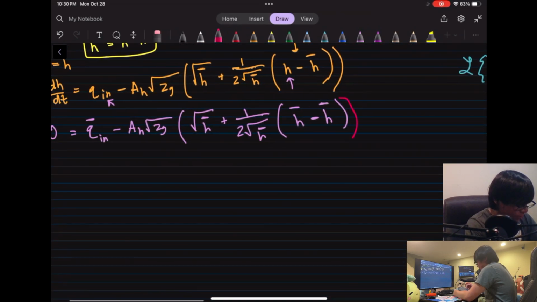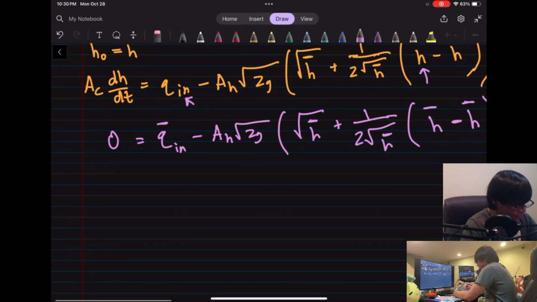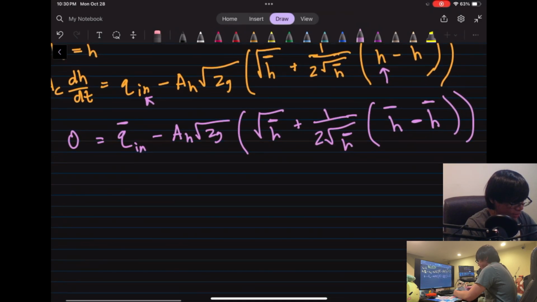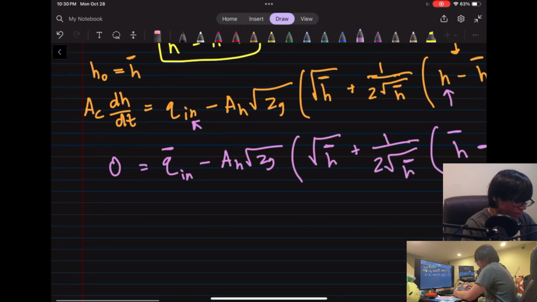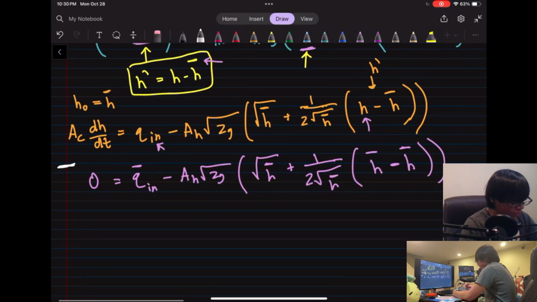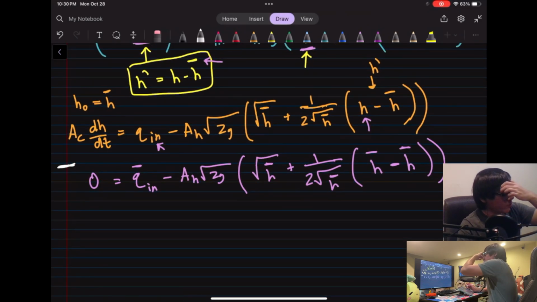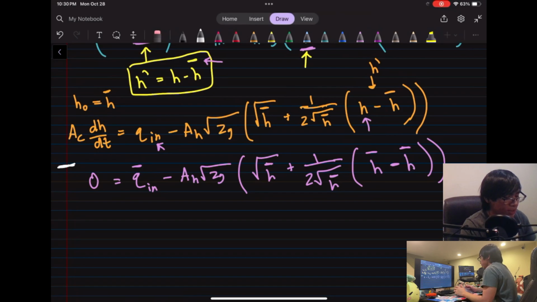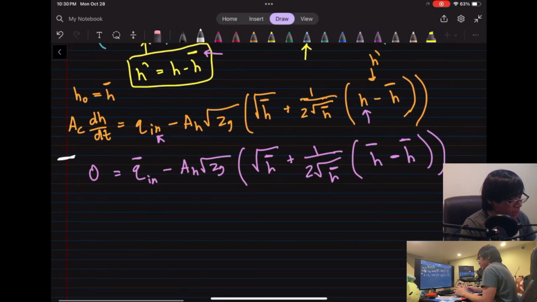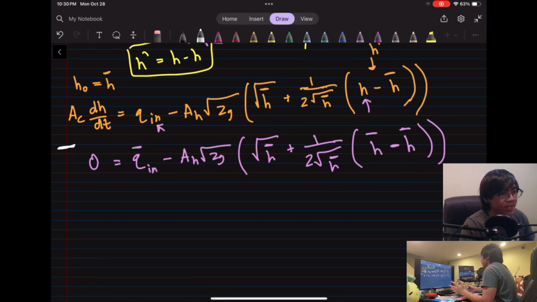Now what we'll do is, well, we'll do it all here at once. We subtract our values. We have our differential equation with our Taylor series expanded around the center point h bar, that initial steady state value of height, and we subtract from that our actual initial steady state, where the differential is equal to 0.